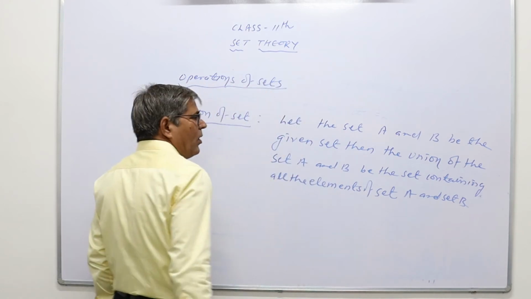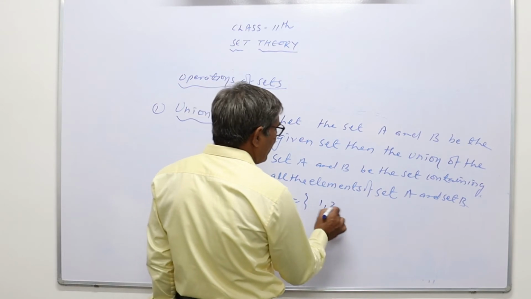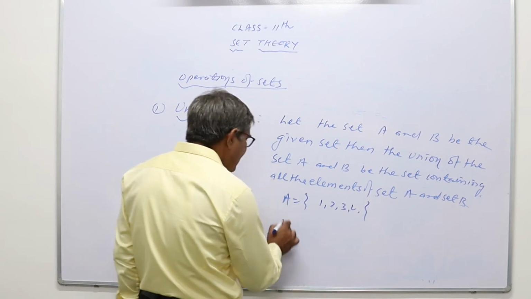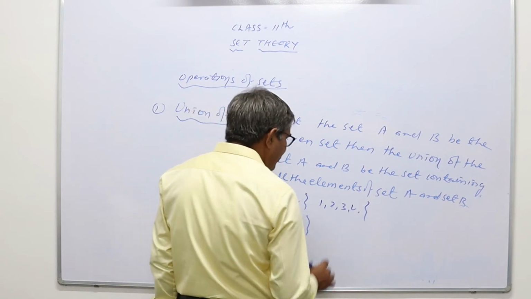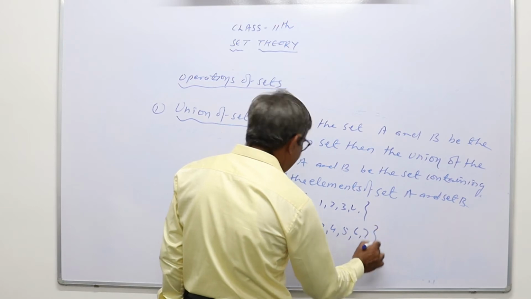So let the set A equal 1, 2, 3, 4, and the set B have elements 3, 4, 5, 6, 7.